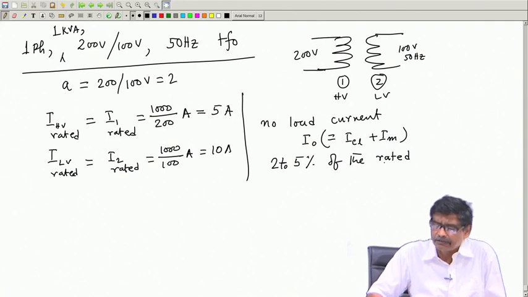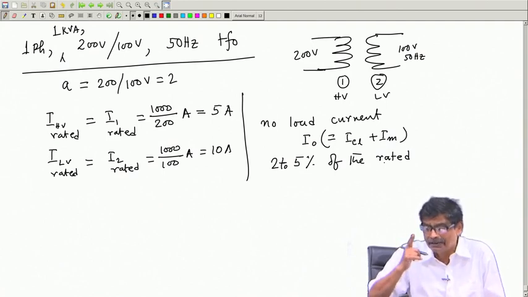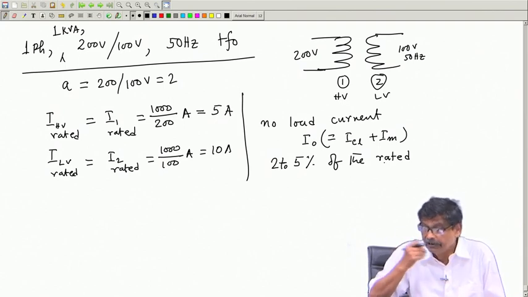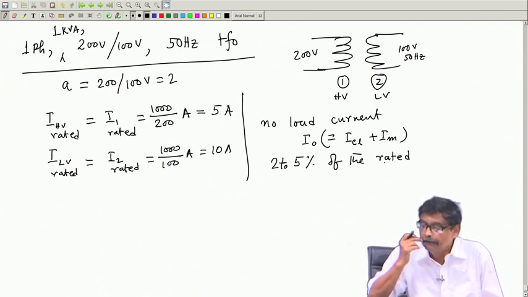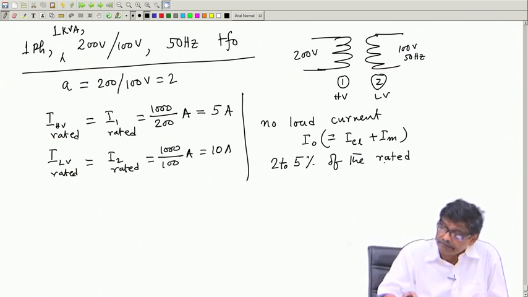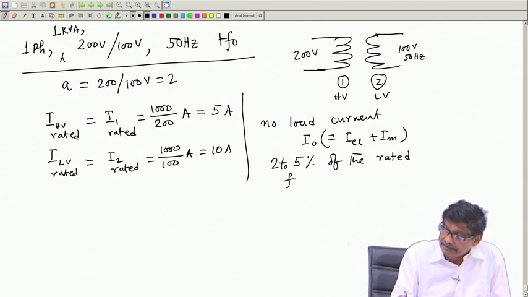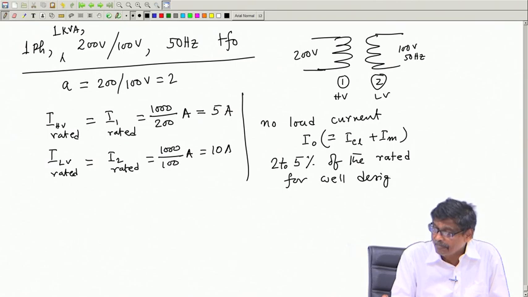Whoever has designed this transformer, he must have seen that eddy current and hysteresis losses are reduced. He is using very good magnetic material, so that the magnetizing current is also small, and it is ICL plus IM, these two together, the phasor sum gives you the no load current, and that number I am telling for a well designed transformer.